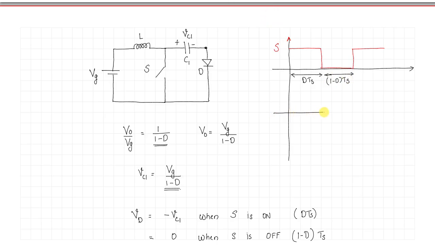Therefore, as we said, the diode voltage during this dTs interval would be equal to minus of Vc1, and then for the remaining portion it would be 0. So this value is negative Vc1.